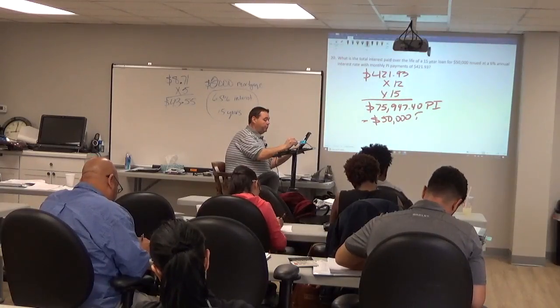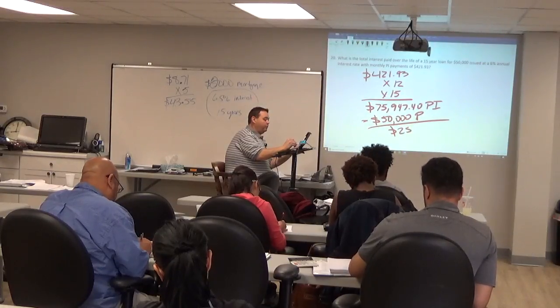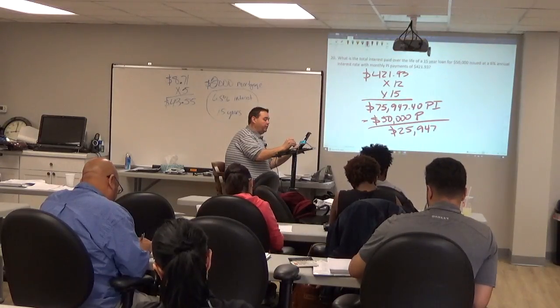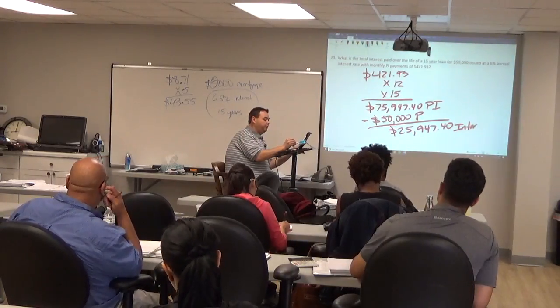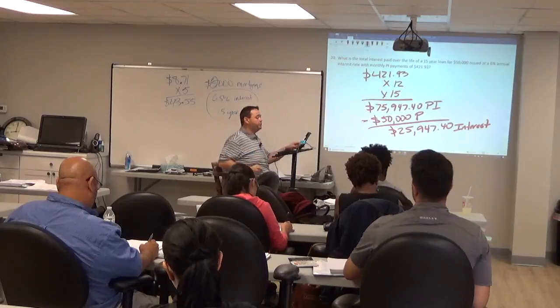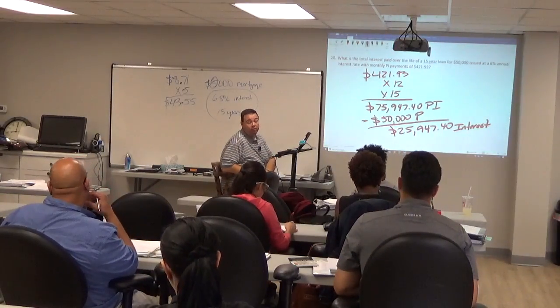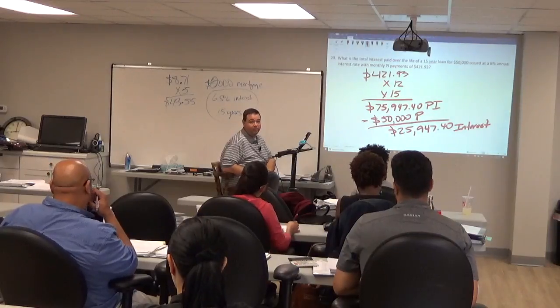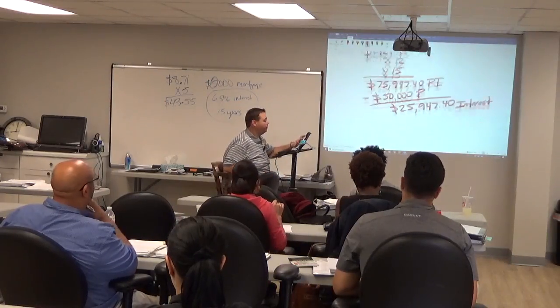So we want to subtract the principal out of that, get rid of it, and that is $25,947.40 in interest. Now that, of course, assumes he keeps the loan for the whole 15 years, makes every payment exactly on time, doesn't make any early payments. You know, that's how much interest he would pay. Okay?